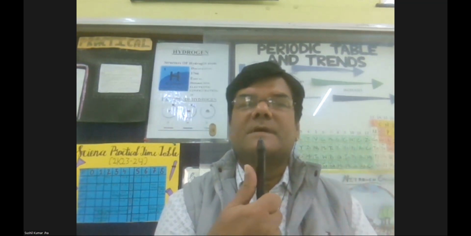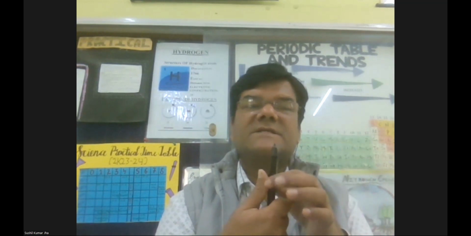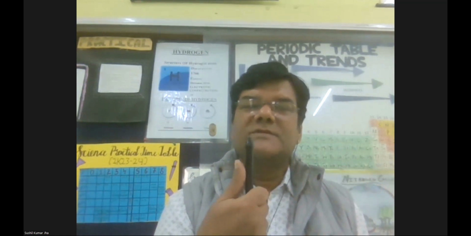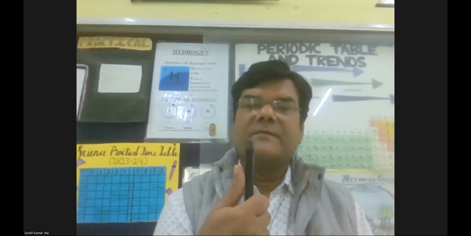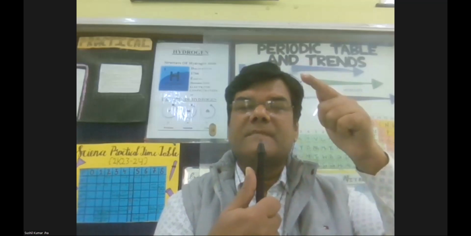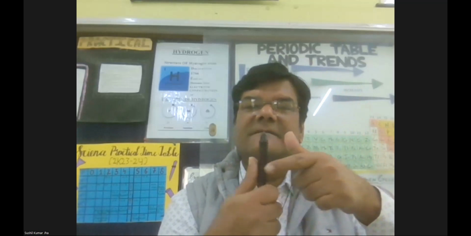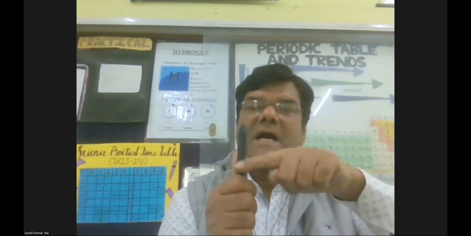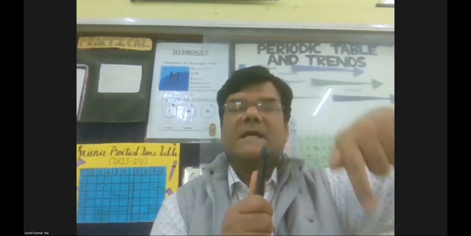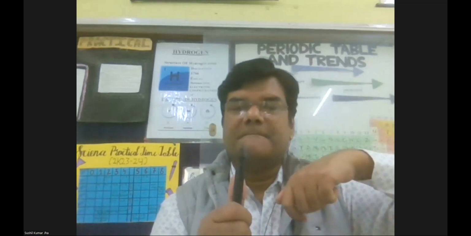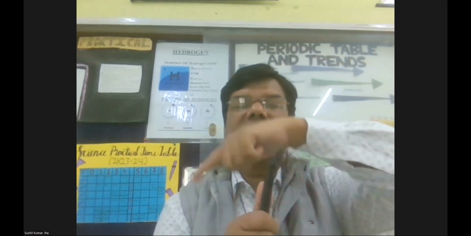Maxwell told us if we hold a straight wire having current along the direction of thumb, then the other curled fingers give the direction of magnetic field, and this is the anti-clockwise direction of magnetic field.